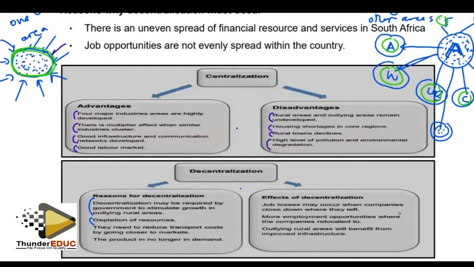I think we saw this, for example during COVID, where most companies closed down, which resulted in too many people being jobless, and as well more employment opportunities where these companies relocate. If they move away from area A and relocate to area B, it means there will be more jobs for the local people in such areas. Outlying rural areas will benefit from improved infrastructures, which becomes now an advantage. So that is about industrial centralization and decentralization.